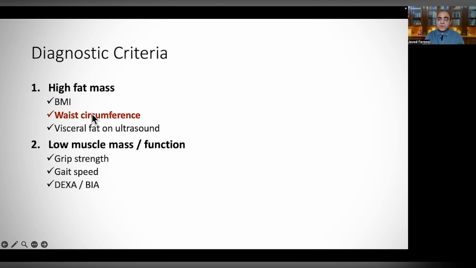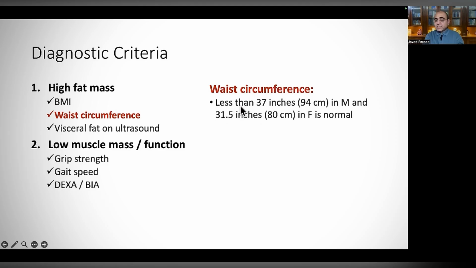The second component for high fat mass is the waist circumference. We know less than 37 inches in males and less than 31.5 inches in women is normal.